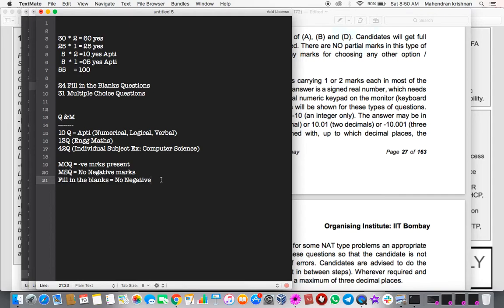Coming to the point, here also no negative marks. We cannot see whether a particular MCQ is 1 mark or 2 marks. There is no mention in the question paper. For MSQ also there will not be any mention.